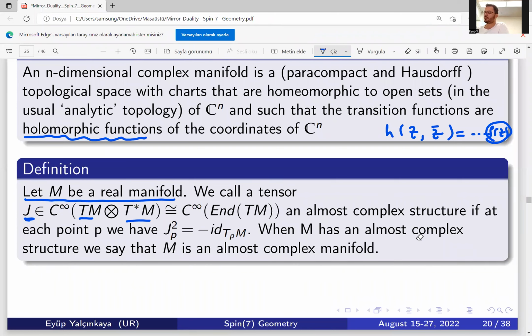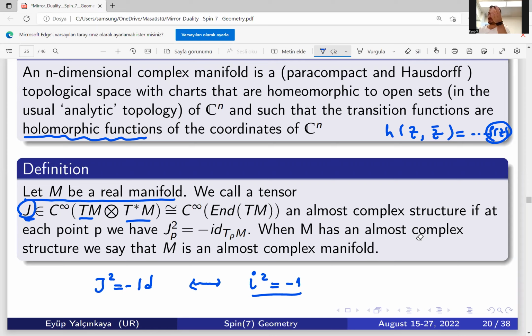If you choose such a J, it gives us an almost complex structure. Theoretically, J squared is minus identity, compared to the complex plane, where i squared equals -1.